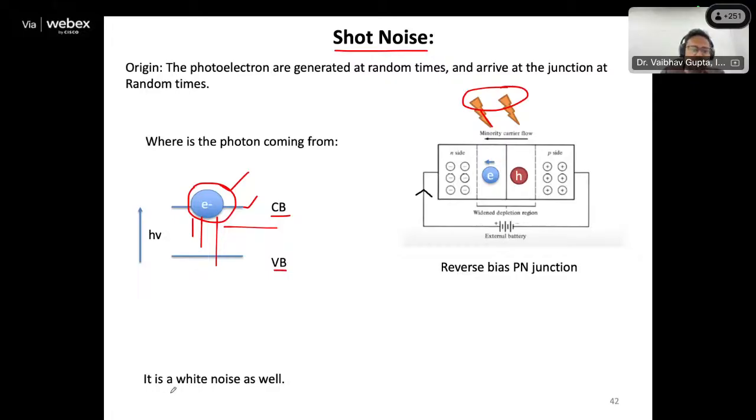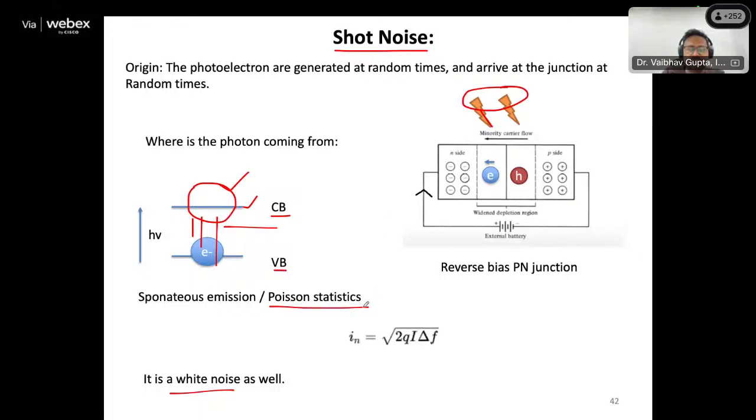And this is again, shot noise is also a white noise, so it is not frequency dependent, right? So if you try to plot the statistics, they will follow a Poissonian statistics. So shot noise shows a Poissonian statistics, and this is how the total power of a shot noise looks like, right? Where q is the charge of the electron and I is the average current.